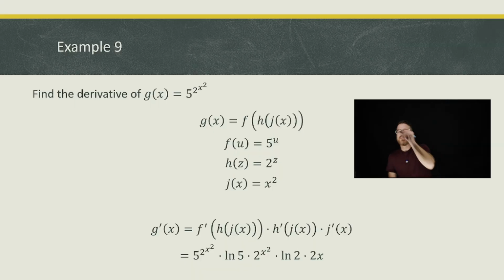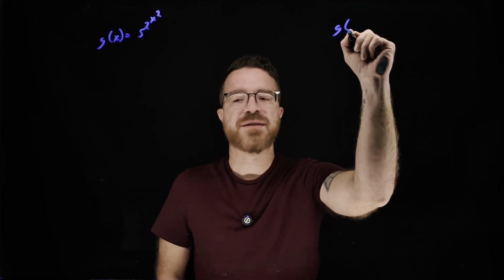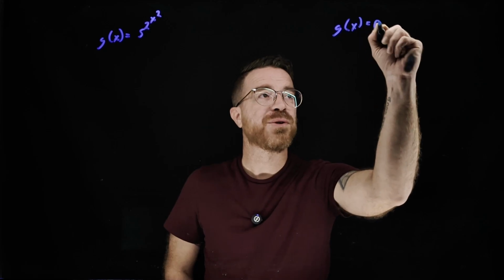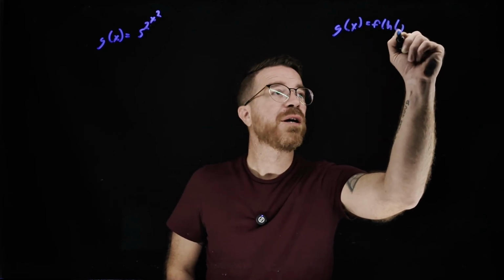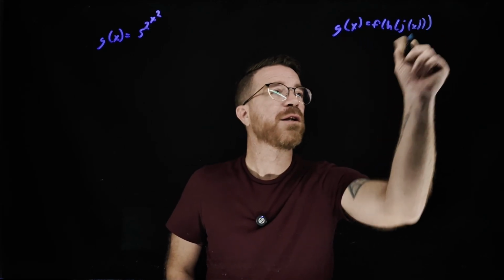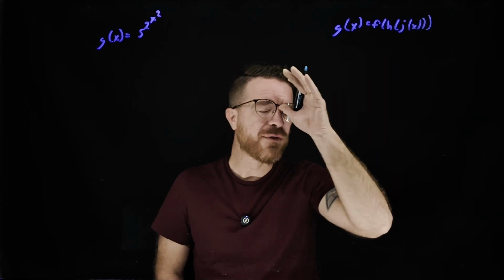What about if I have the function g of x is equal to 5 to the 2 to the x to the second power? So in this case, we're going to be doing a chain rule where we have our g of x is equal to f of h of j of x. Now remember, again, these functions can be whatever letters you want them to be.